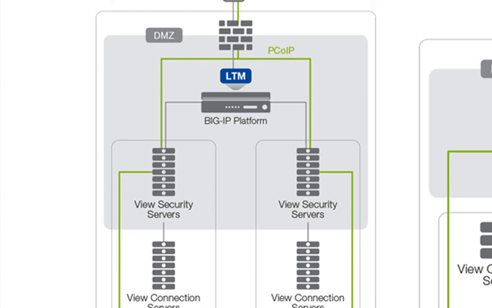Each security server is paired one-to-one with a connection server, and together they can handle up to 2,000 connections each. In this diagram, you'll see that there are 7 security servers, 7 connection servers in each View pod. VMware allows for 7, and they allow for 5 of them to be active at any one time, 2 to be in standby, for a maximum of 10,000 users per View pod.